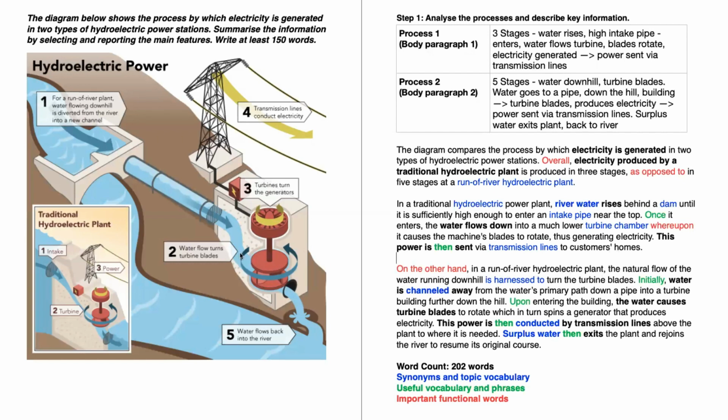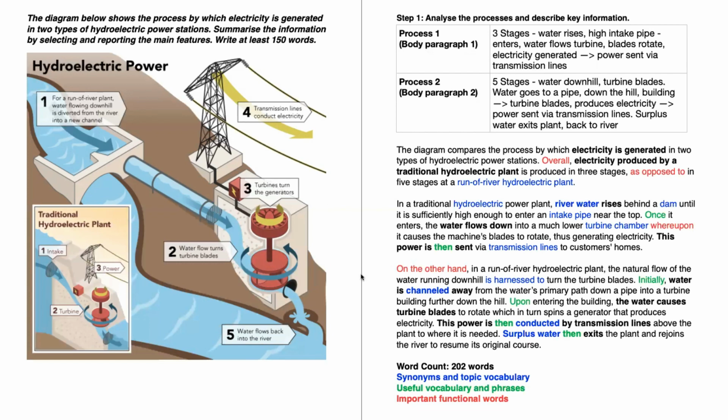Upon entering the building, the water causes turbine blades to rotate, which in turn spins a generator that produces electricity. This power is then conducted by transmission lines above the plant to where it is needed. Surplus water then exits the plant and rejoins the river to resume its original course.